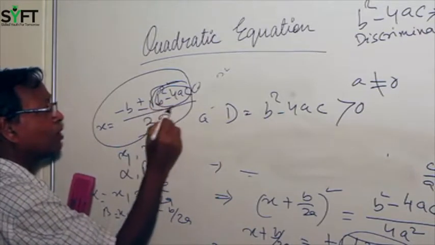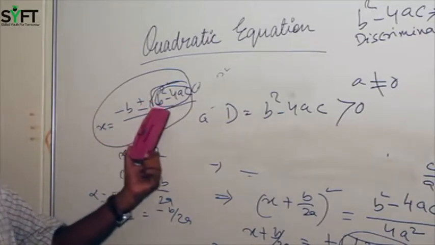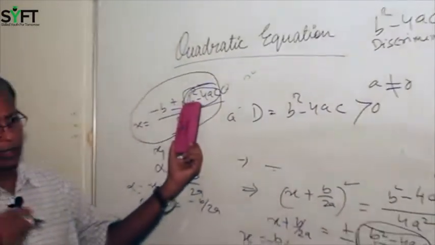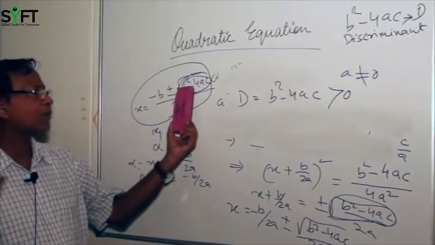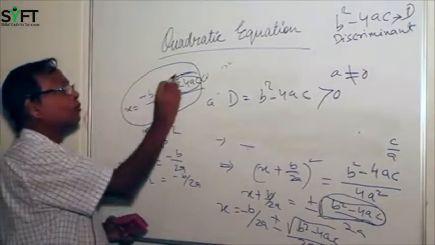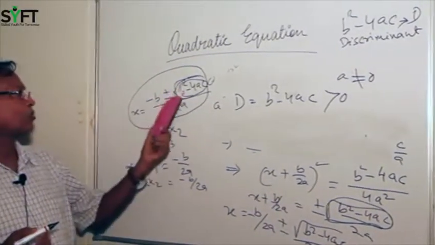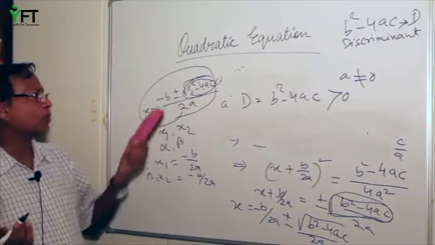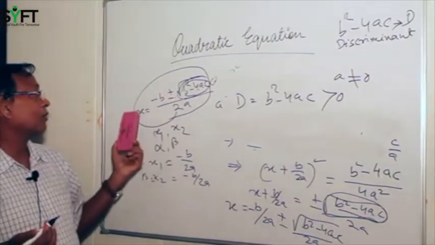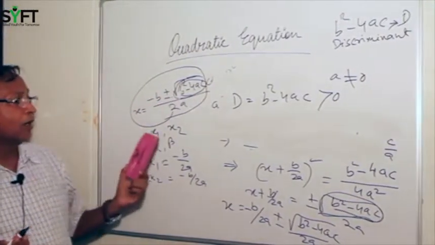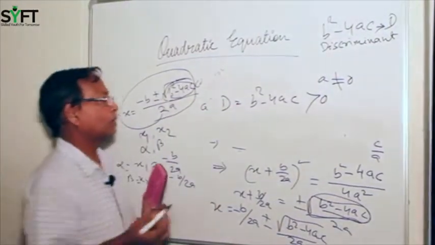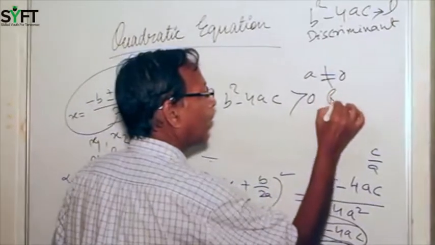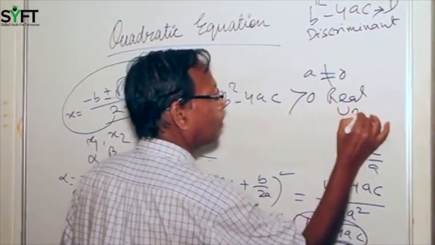If this is greater than 0 and is a perfect square, suppose 1, suppose 4, suppose 9, suppose 16, suppose 25, then the exact square root we can find. And under this root we will get plus minus, one is plus or one is minus, then the roots are real but they are unequal. Real and unequal. The roots will become real and unequal.